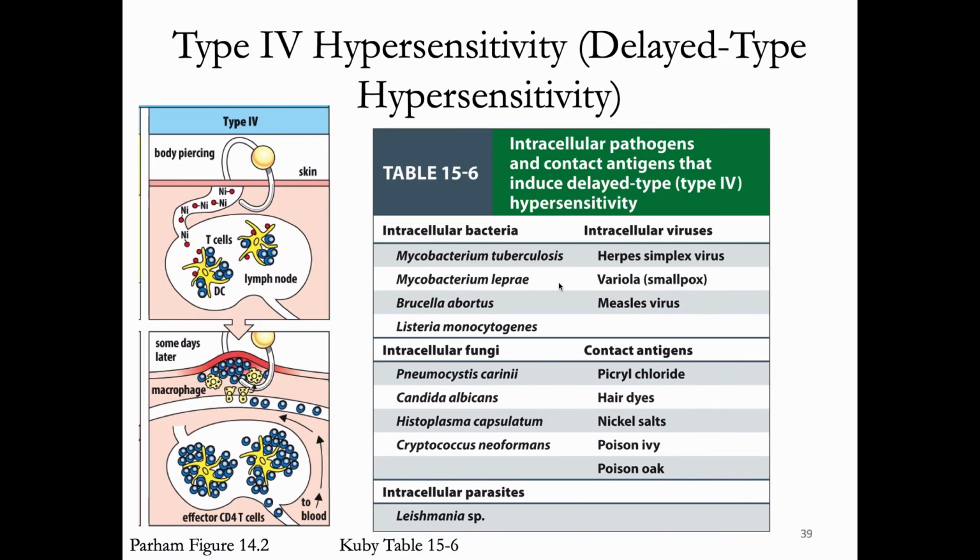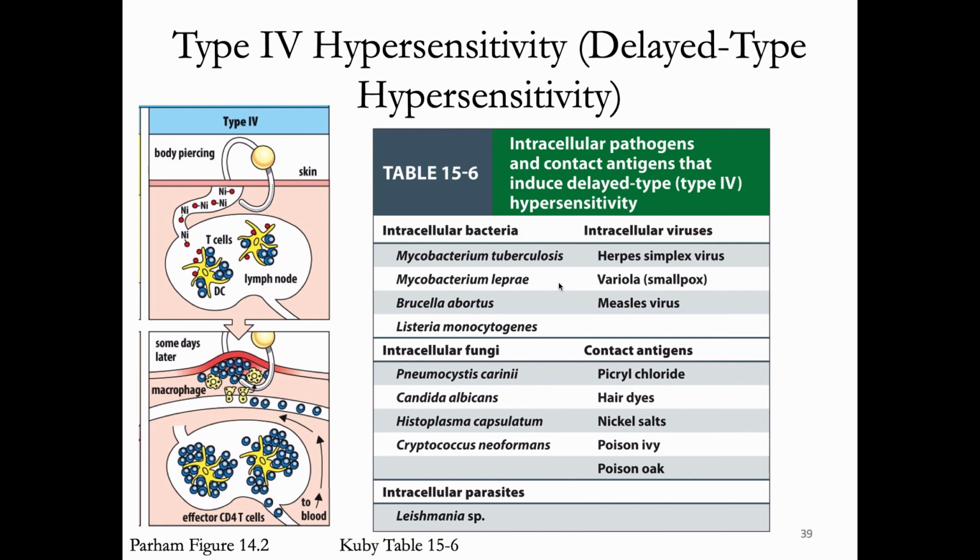So the fourth awesome type of hypersensitivity reactions is called type 4. Type 4 hypersensitivity reactions are unique compared to the other ones we've talked about for a couple of different reasons. First of all, a type 4 hypersensitivity reaction, as you'll see going forward, is largely dependent on T cell responses.